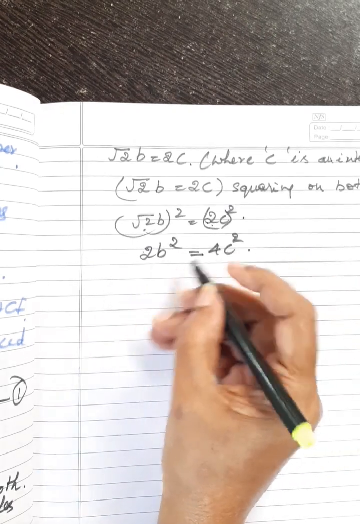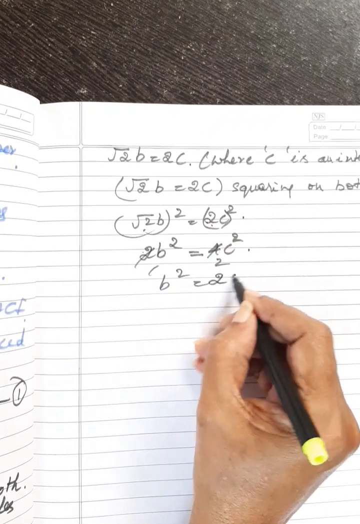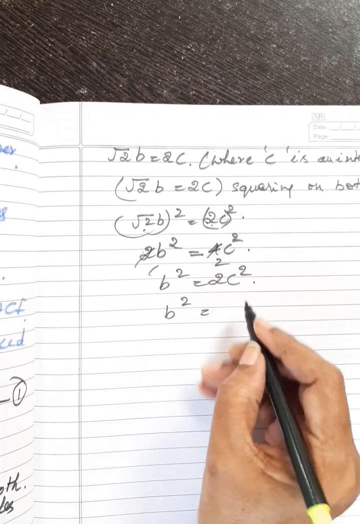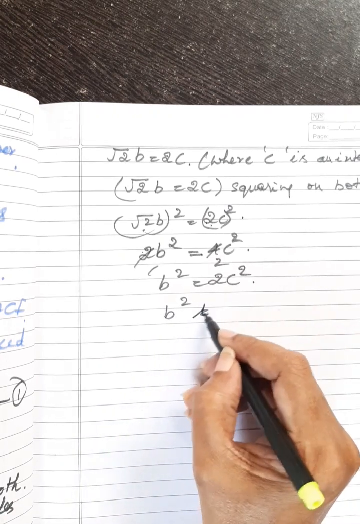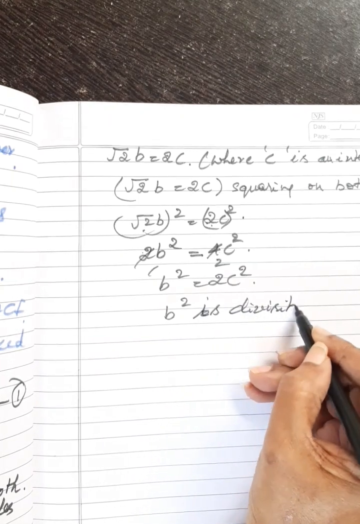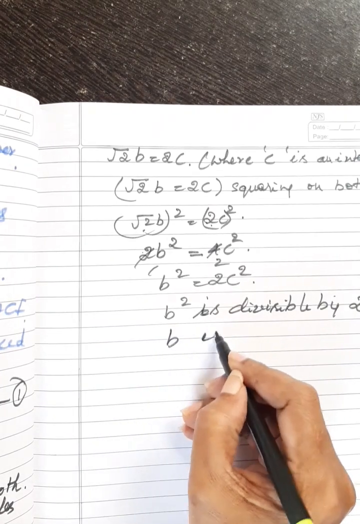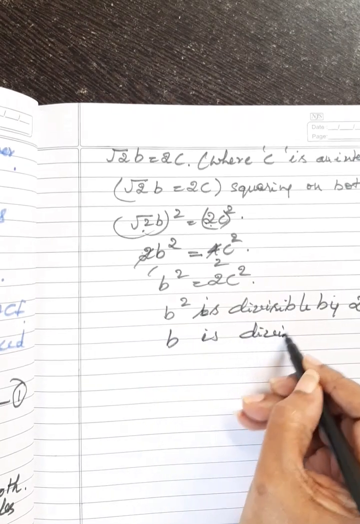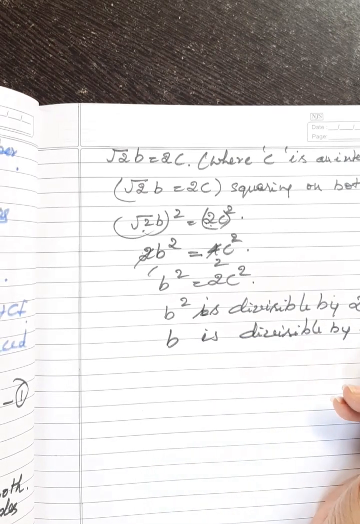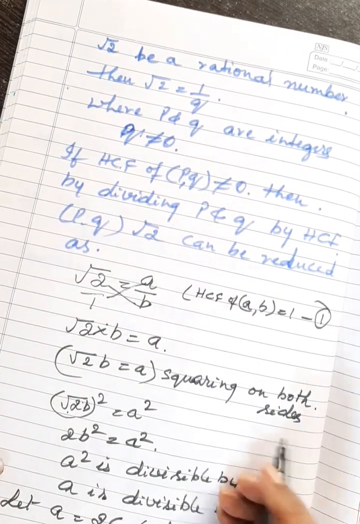Understood? Now 2 1s are 2, 2 2s are 4, what you will get? B square is equal to 2C square. Now this B square is divisible by 2. Okay. B is also divisible by 2.